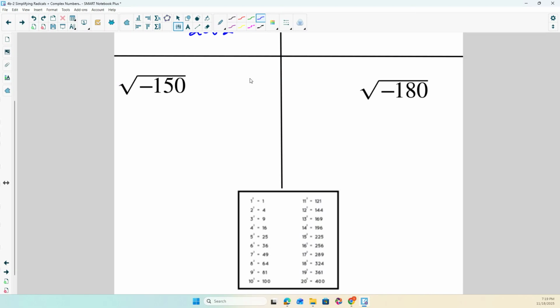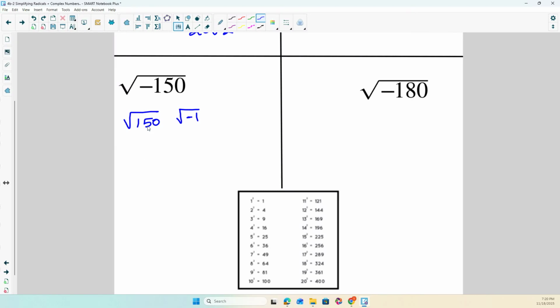Okay, square root of negative 150. So we want to break down the square root of 150. I know that this negative 1 is going to end up being an i. Now if you cannot think of the biggest perfect square that can divide into 150, you can just start dividing 150 by the biggest number you can.